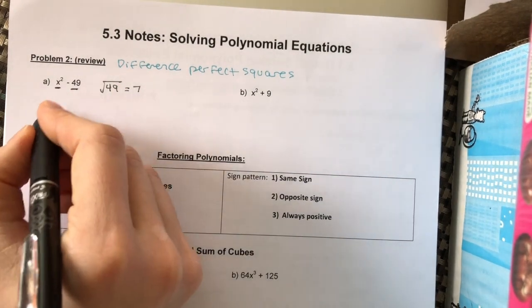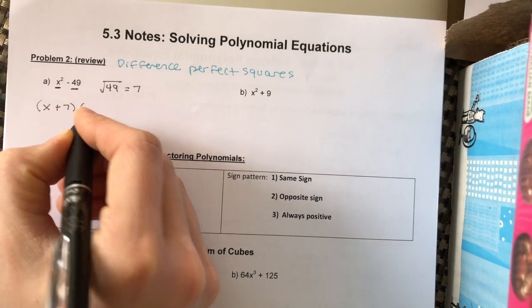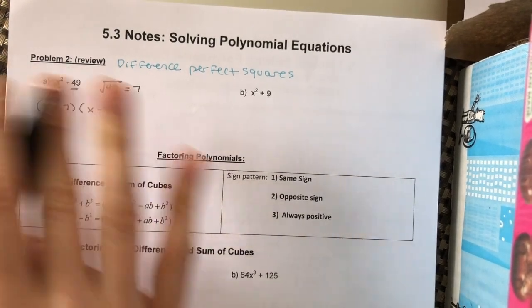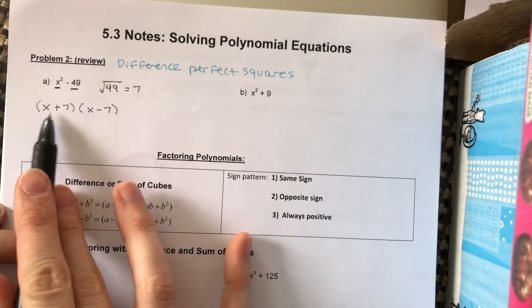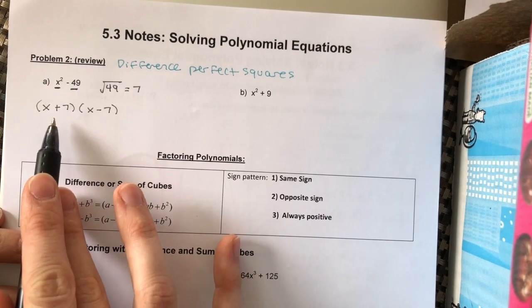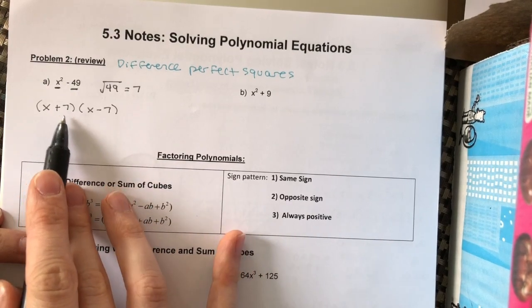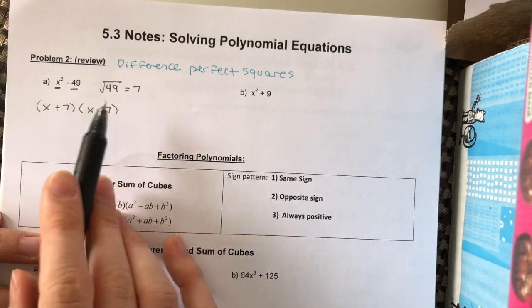Whenever I see this, it will factor into x plus 7 and x minus 7 every time, which is a nice little pattern. And notice if we multiplied it back out using FOIL, we would not get a middle term. We would get a plus 7x and a minus 7x, and those would cancel each other out.